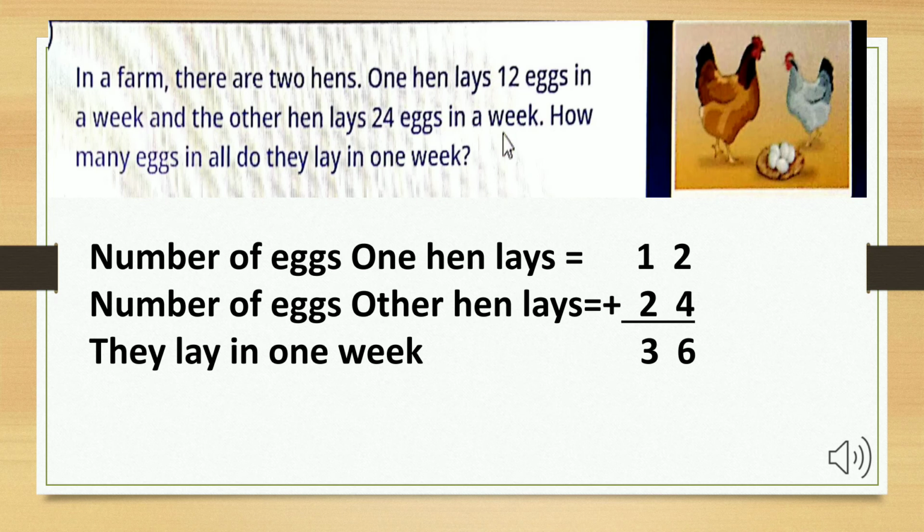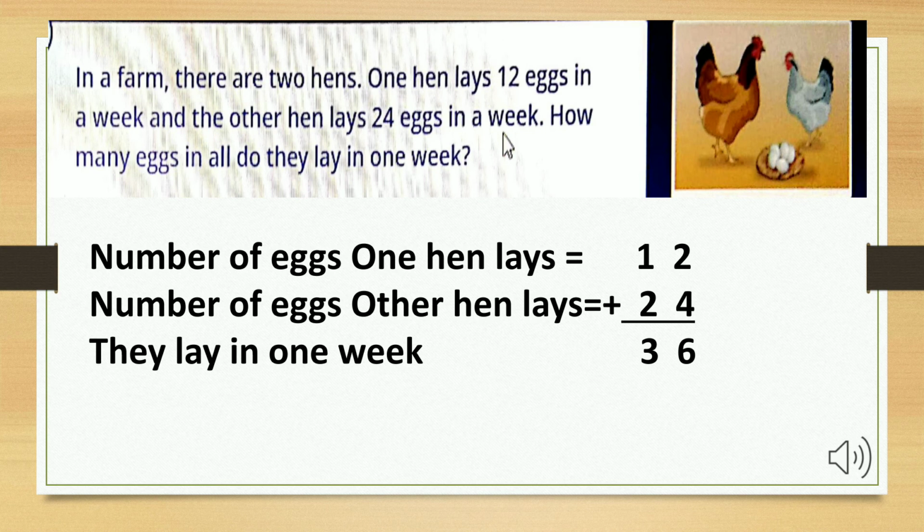Now read question number 5. In a farm, there are 2 hens. One hen lays 12 eggs in a week and the other hen lays 24 eggs in a week. How many eggs in all do they lay in 1 week? Now after reading the question, we will write the statements.